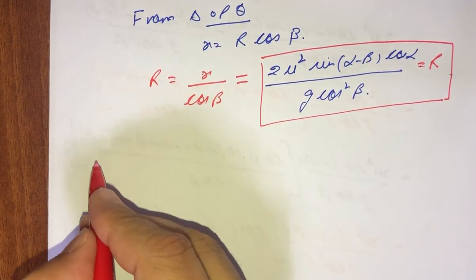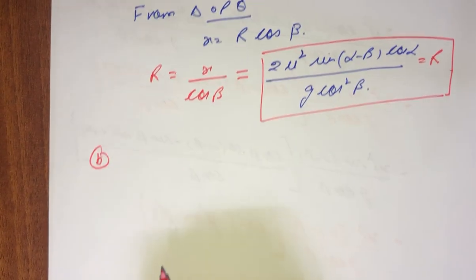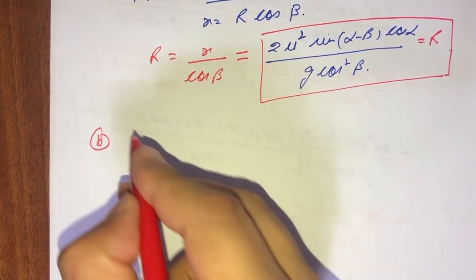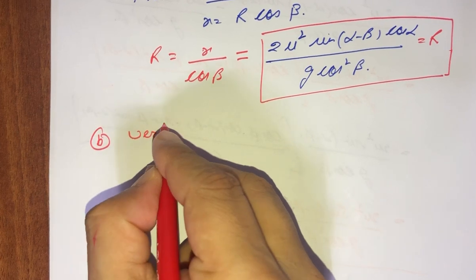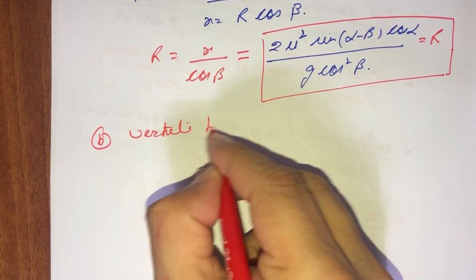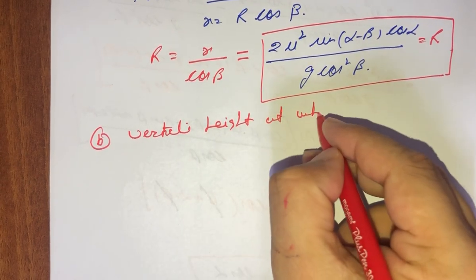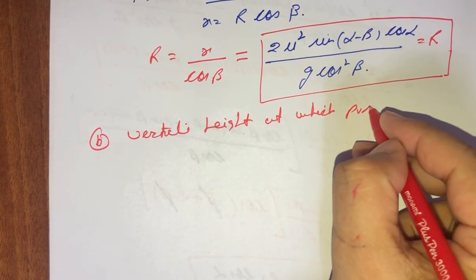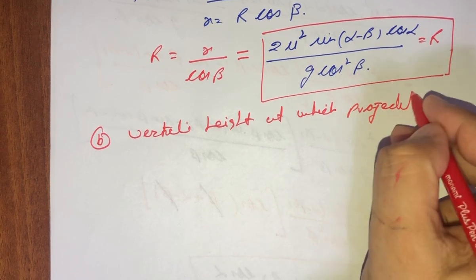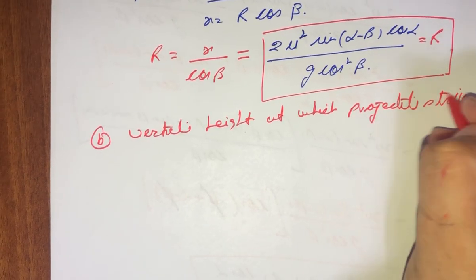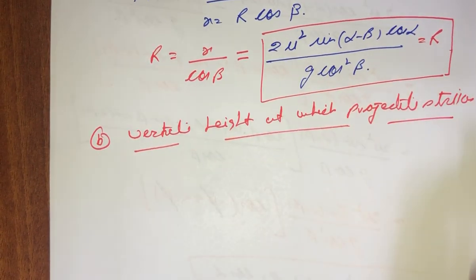Okay, now the B part, we are going to find out the vertical height at which the projectile strikes. So we are going to use method 1.